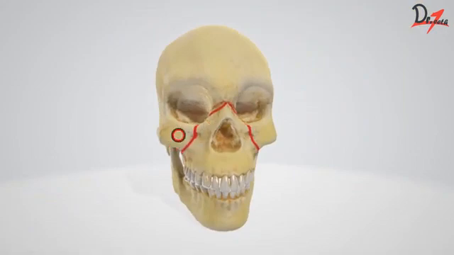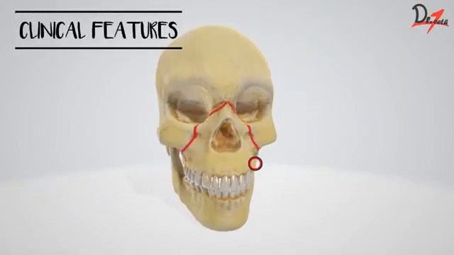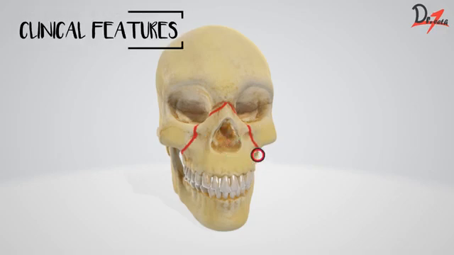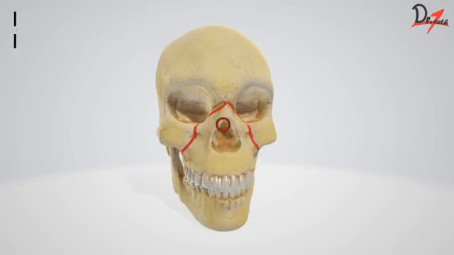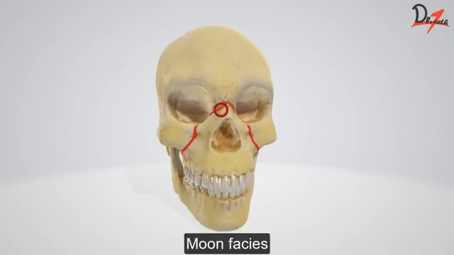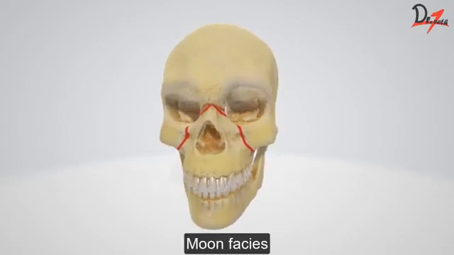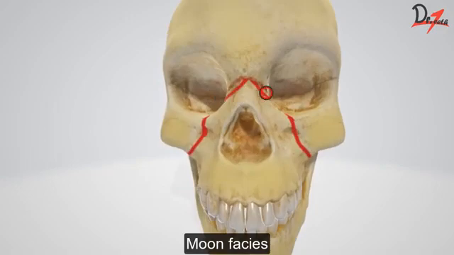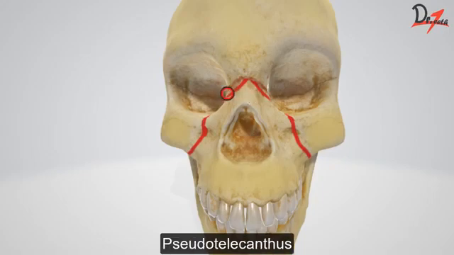Now let us quickly go through some of the clinical features we would see in the Le Fort 2 fracture. Now since this is a fracture of the middle third of the face, there will be gross swelling of the middle third of the face, and that is called moon face. Also, since the nasal bridge is involved, there can be an illusion of telecanthus called pseudo-telecanthus.